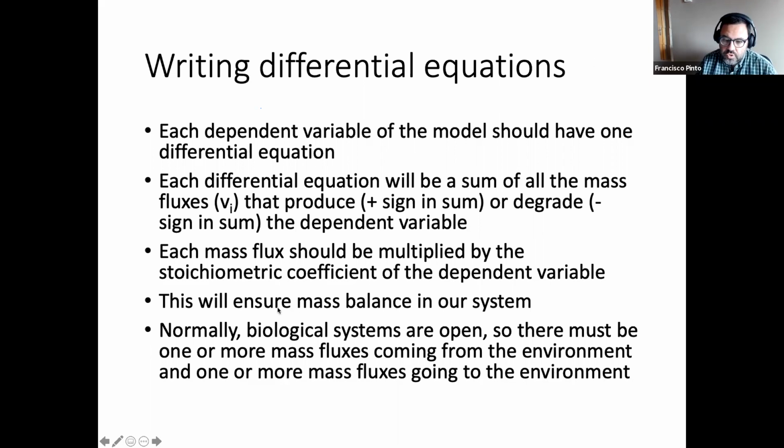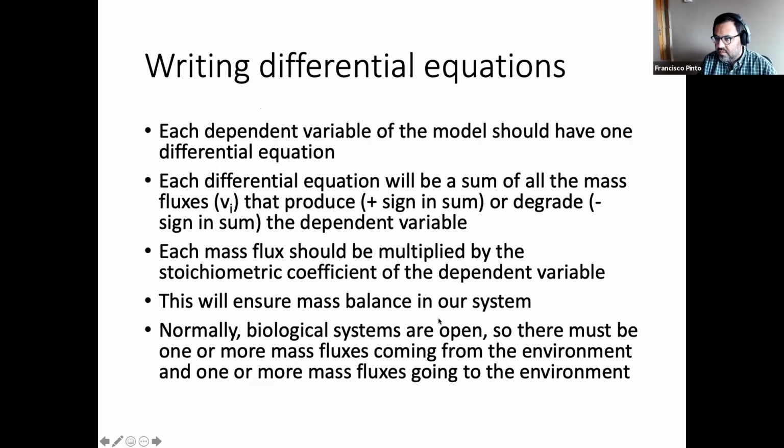So being sure that you include all the rate processes in all equations with the right stoichiometric coefficients ensures that you'll have a mass balance in your system. And that is important because otherwise you can have mass appearing in your system from nowhere or disappearing from your system to nowhere. Usually there are some fluxes, as biological systems normally are open systems.